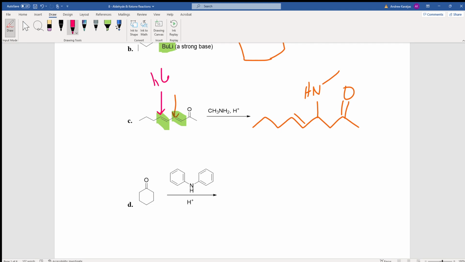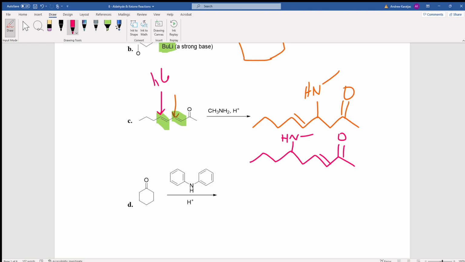If you think through the steps of the mechanism for the 1,4 addition, the 1,6 would happen in the same way. It's just extended out one alkene. Well, what would that product look like? It would look like this.